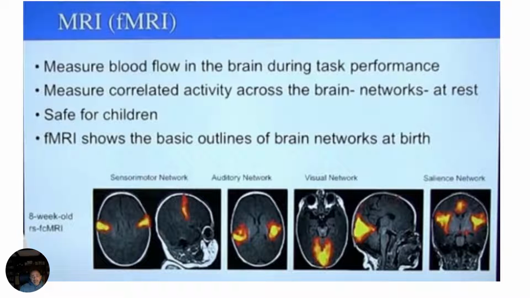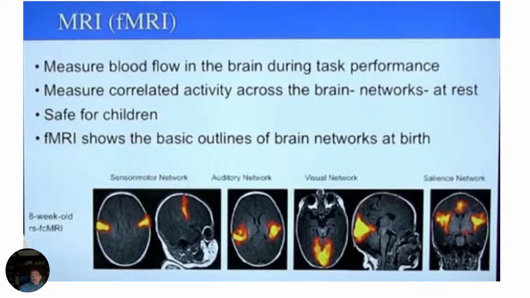Now, we just talked about it, but I'm looking at the 8 week old fMRI scan. You're looking at the sensory motor network, the auditory network, the visual network, and the salience network. You can clearly see where these networks light up. These are the activities across the brain networks we were talking about.